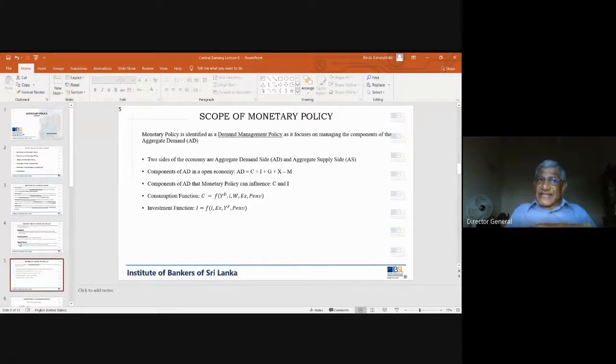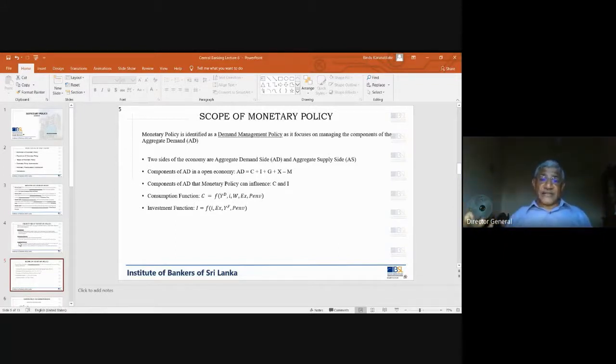Monetary policy is about demand management policy. That means the central bank cannot influence the aggregate supply side. That is what it means. Economy has two sides: aggregate demand side, aggregate supply side, and we also know the meaning of aggregate, taking everything together. If you take bread, there is only one component. If you take all goods and services, that is aggregate, the complete basket.